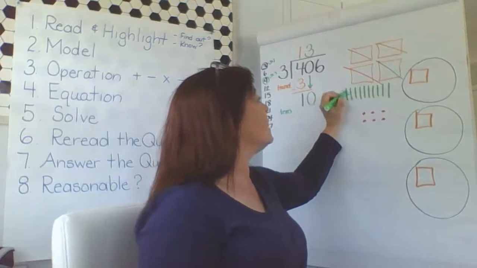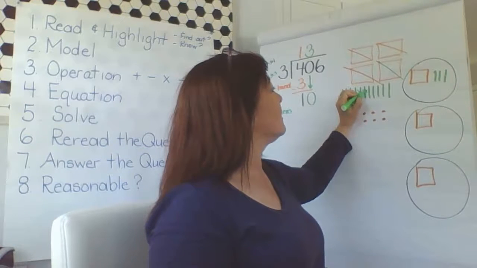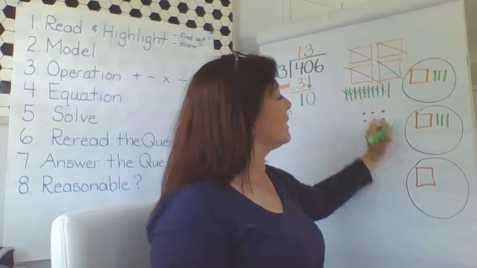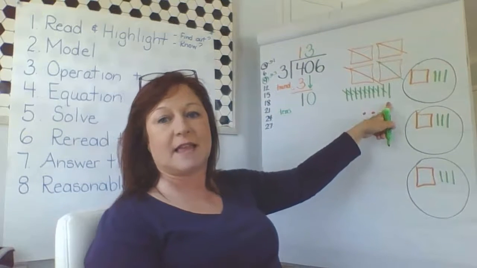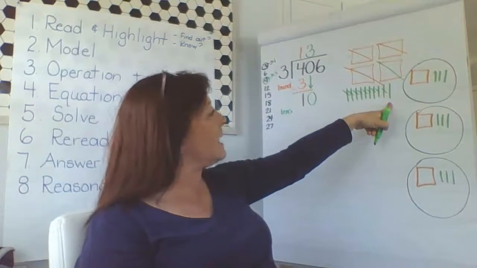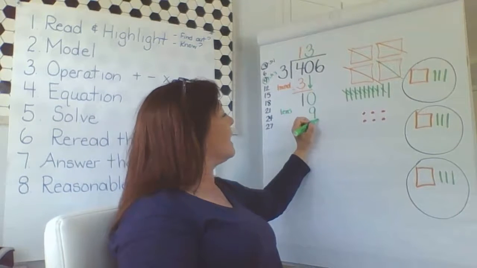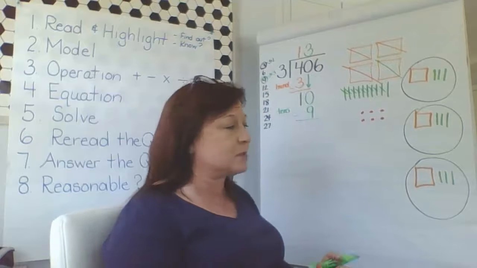So 1, 2, 3 goes in the first group, 3 more in the second group, and 3 more in the third group. And notice I have 1 ten left over. Why is that? Because 3 times 3 is 9. I was able to put 9 of the tens equally into my groups.